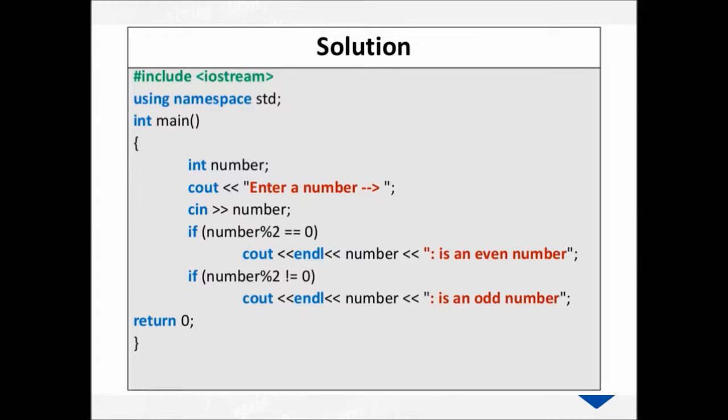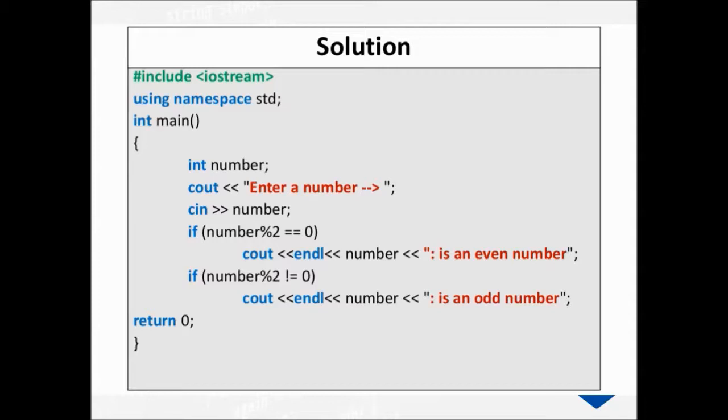But if there is any remainder, then our number is odd. So we put the condition: if number modulus 2 is equal to 0, then the number is an even number.